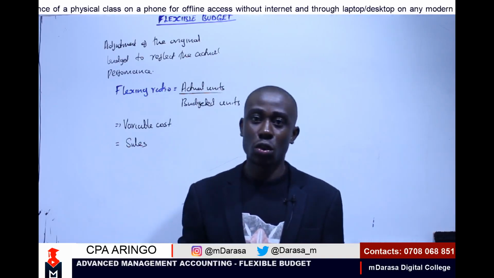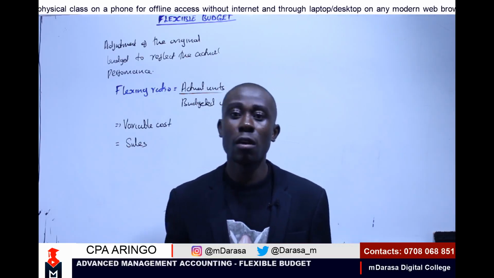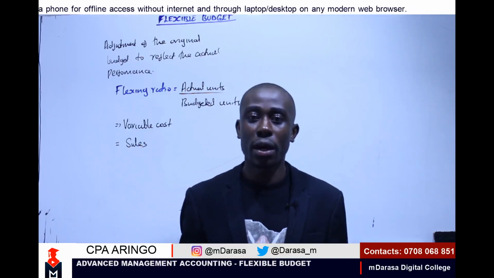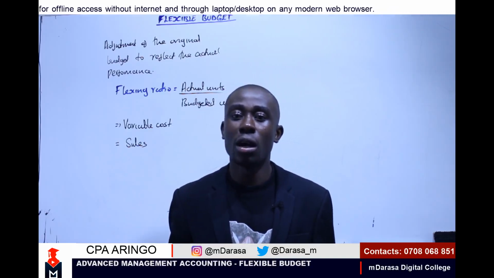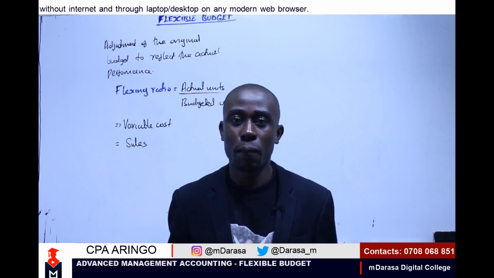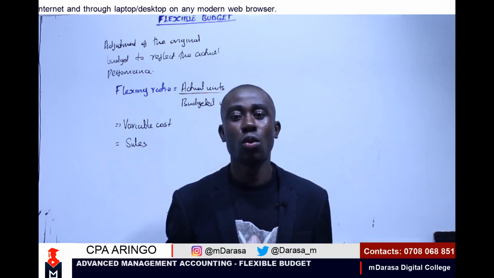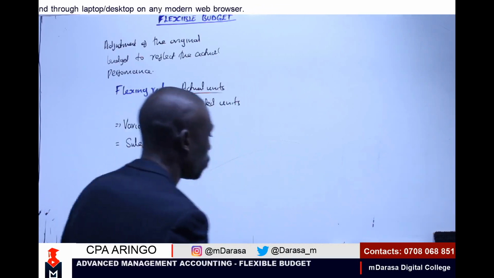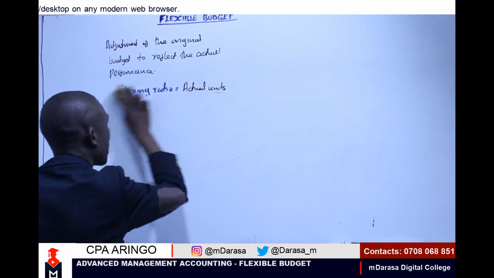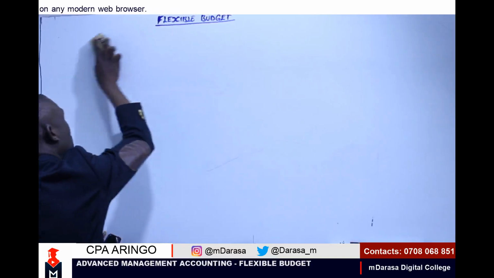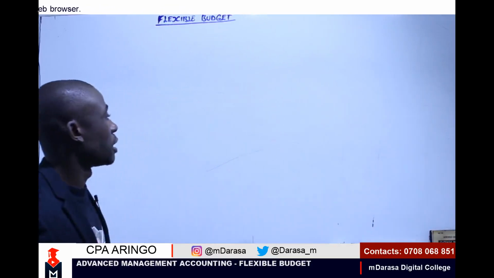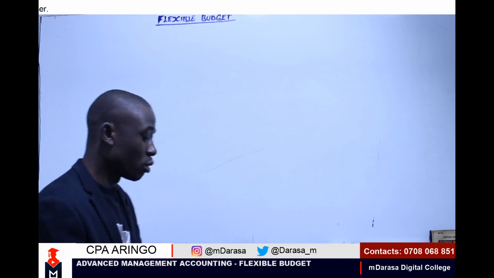Given our question, which you've gone through, and I believe you've taken a screenshot of, we were required to redraft our operating statement using the flexible budget approach. This is how we are going to handle it. So we've done a recap on what we did in regard to the flexible budget.